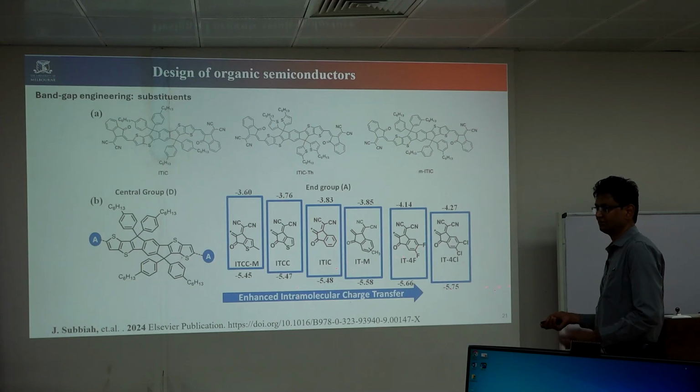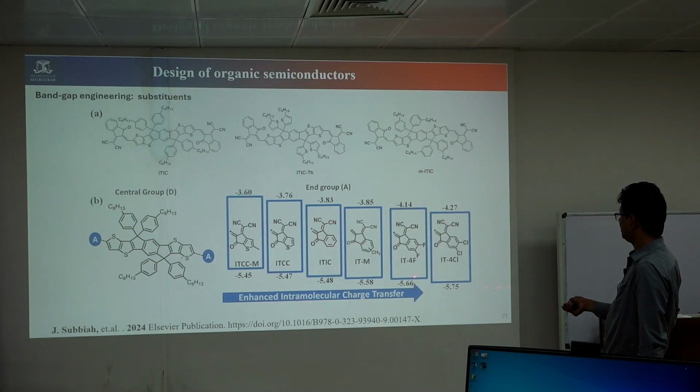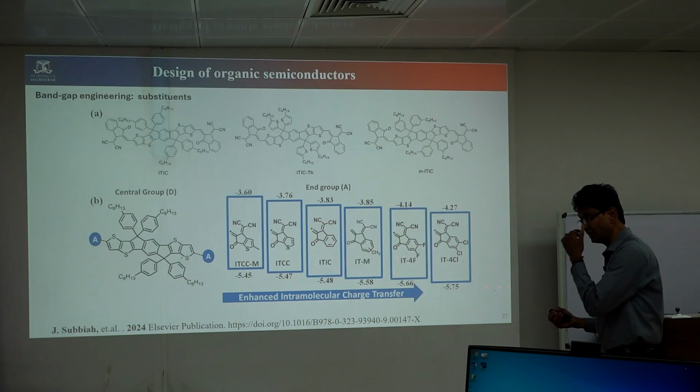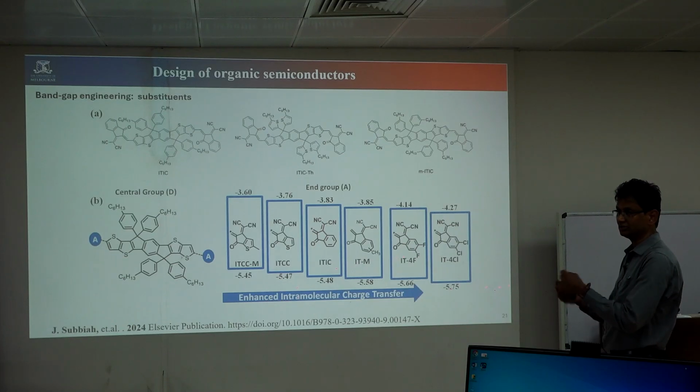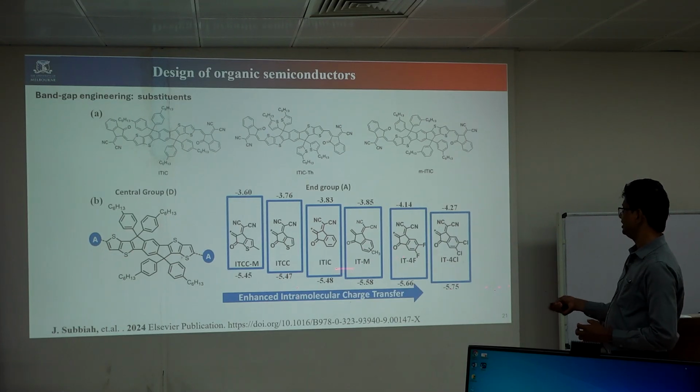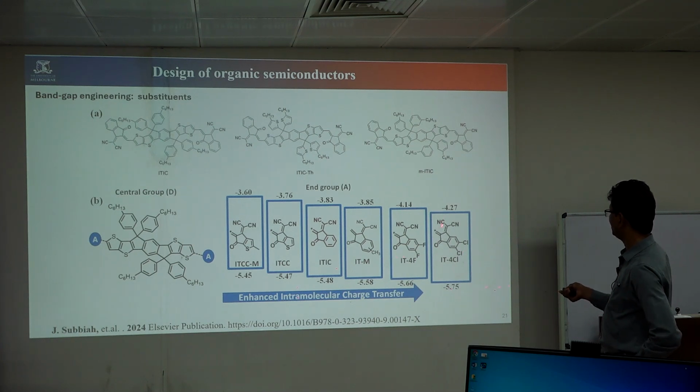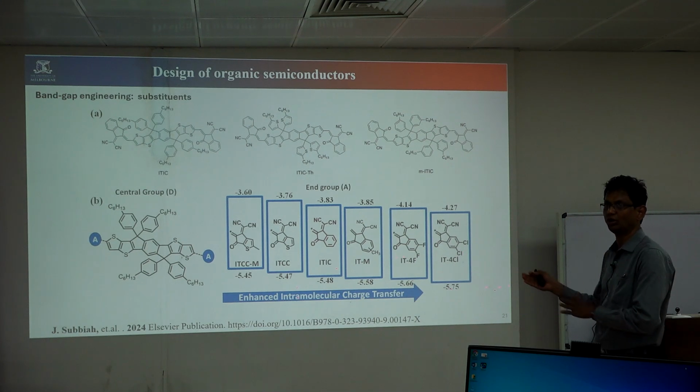Fluorine is a strong acceptor. So the strong accepting group is further pulling down, and fluorine compared to chlorine. Chlorine is also a highly electronegative group, and chlorine is also a bigger atom compared to fluorine. So see how the different substituents affect the band gap as well as the HOMO and LUMO levels.